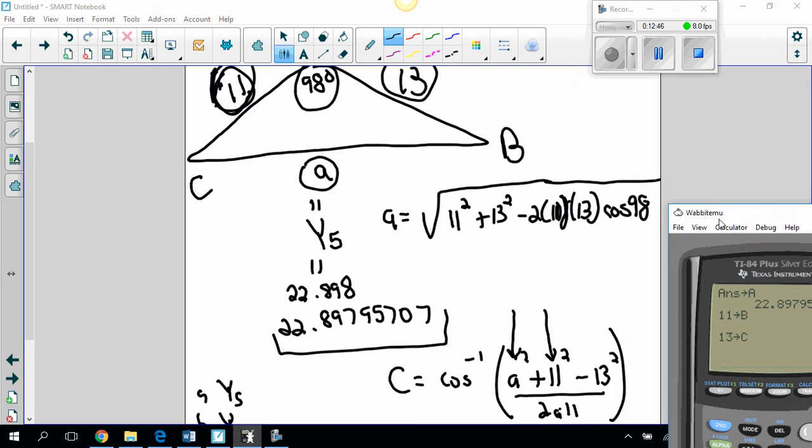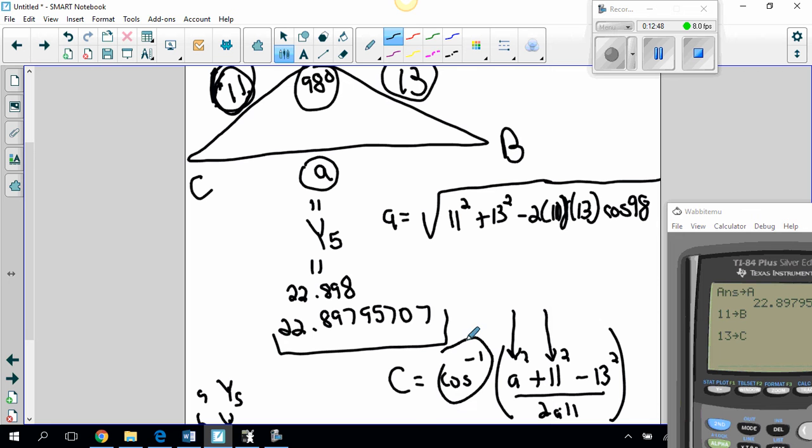Now, since these inverse cosine formulas just have the a's, b's, and c's, and you flip-flop them all around, what I'm going to get is all the angles. I'm not going to just get angle C. I'm going to get angle A, angle B, and angle C. But I already know angle A is 98, so I'm going to get angle B and angle C.